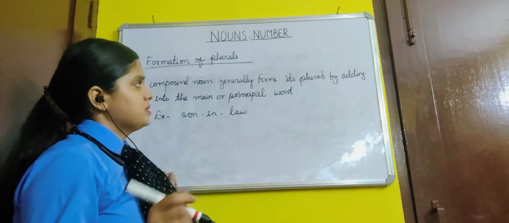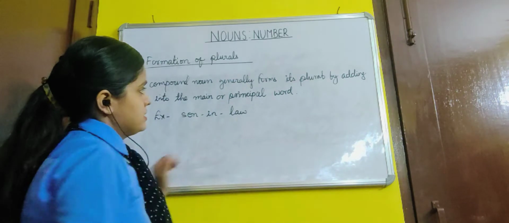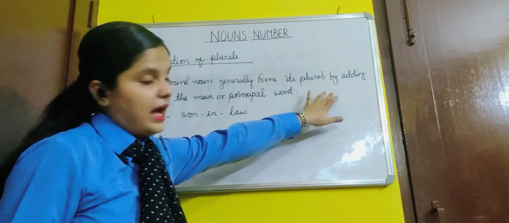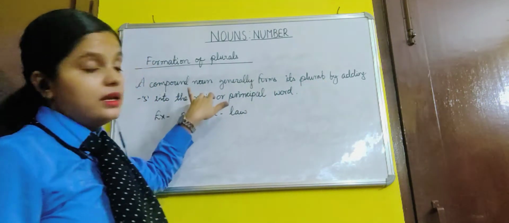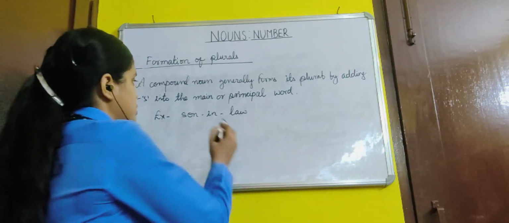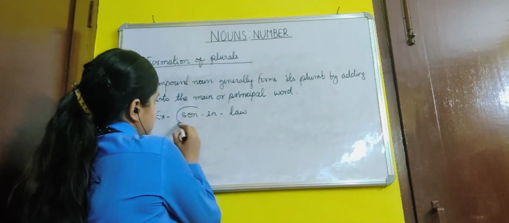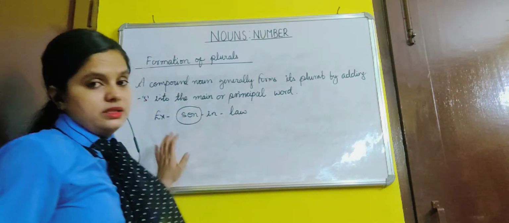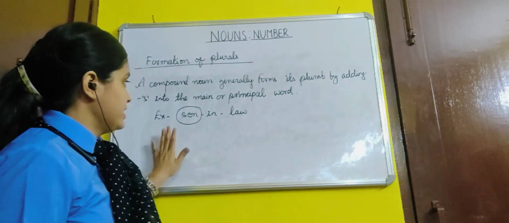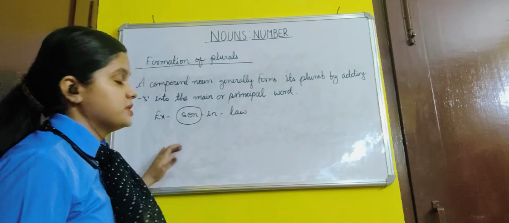First, the rule says that we have to add s into the main or principal word. So what is the main word? Here the word son is the main, the principal word.